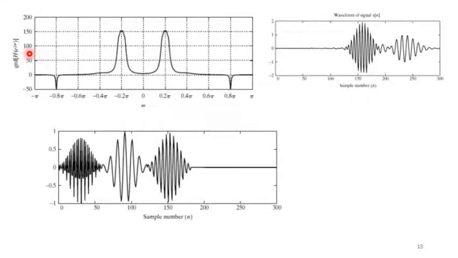Similarly, coming to the second part, that is group delay. You can observe that the group delay around plus minus 0.2 pi is the maximum, that's around 150. So that means the frequency components that are around plus minus 0.2 pi will be delayed by a large amount in comparison with 0.4 pi, which suffers from very small or negligible delay.